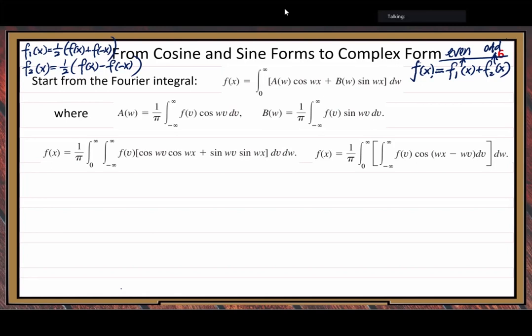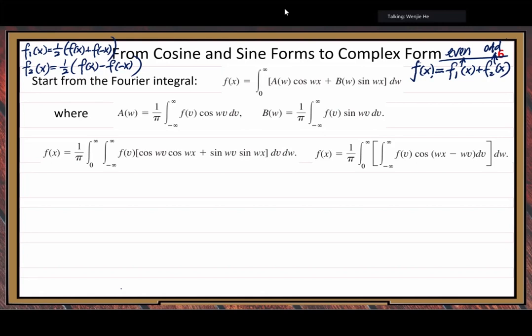We treat x as the parameter. When we calculate the integral, we can fix that x. That's the structure. Next, let's keep going, because we want to convert this expression into a more friendly form. Our goal is to go to the complex form.